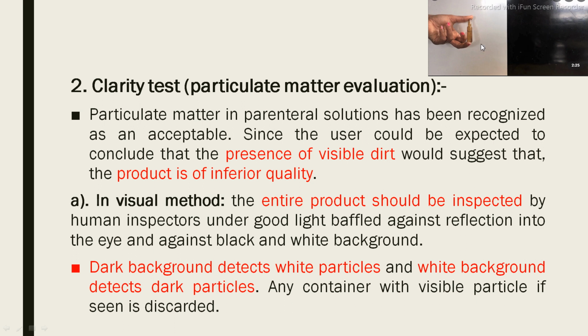You cannot observe a white particle against a white background. If you observe these ampoules against a white background, you will not be able to see any white particles. That's why we have to use a contrast background.